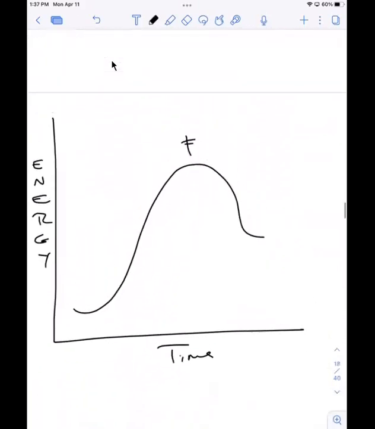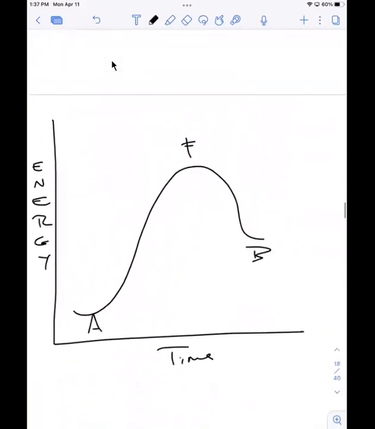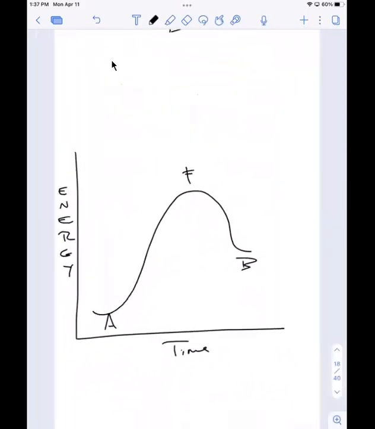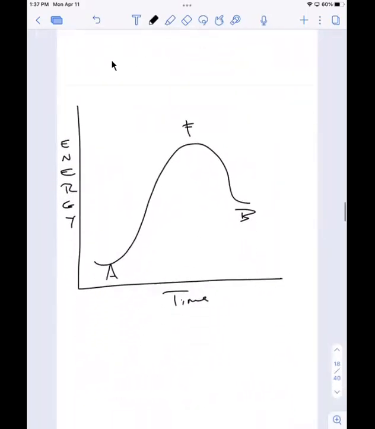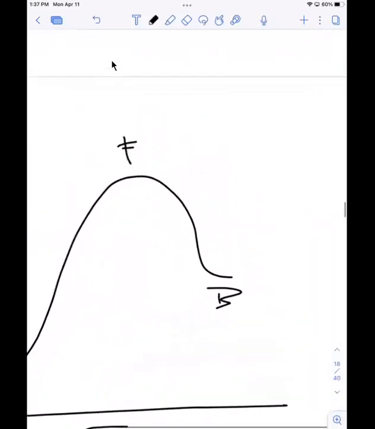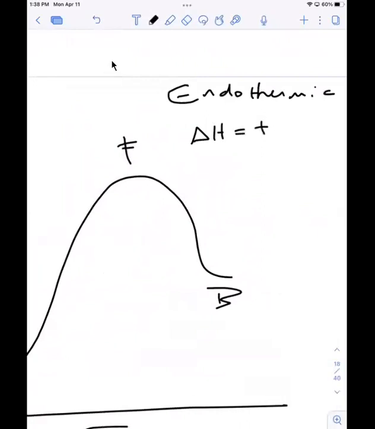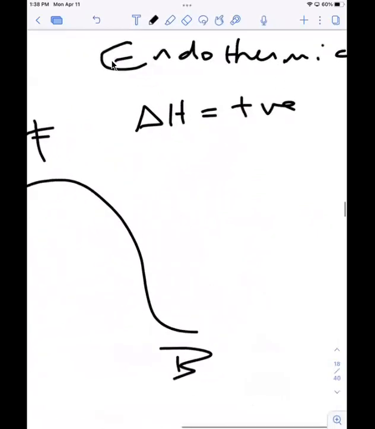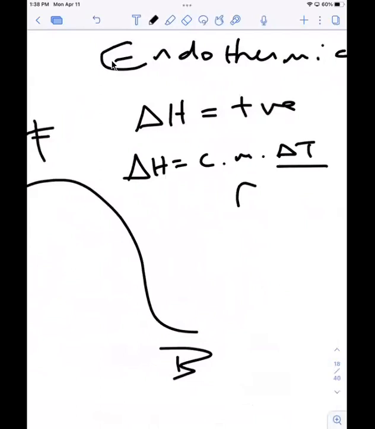This is A going to B. So for an endothermic system, you have to add energy, right? So that means that delta H is positive, right? That's because, again, if delta H is C times M times delta T, T final is going to be larger than T initial.